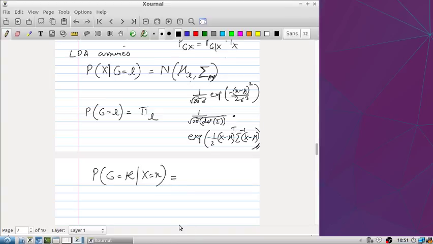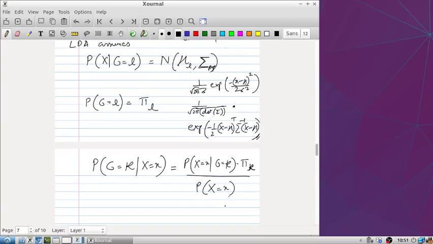It's just Bayes' rule, if you have heard of this before. It's the probability of x given G equal to little k times pi little k, divided by the probability of x equal to x.